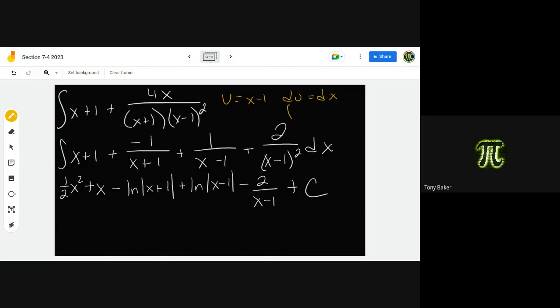So then I'm doing the integral of 2U to the negative second power, which is negative 2 over U. Yes.